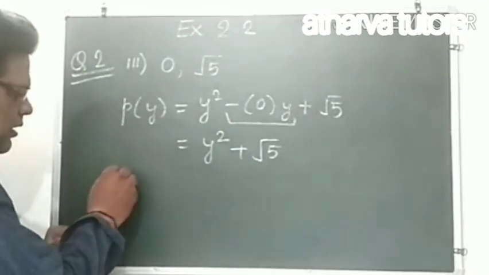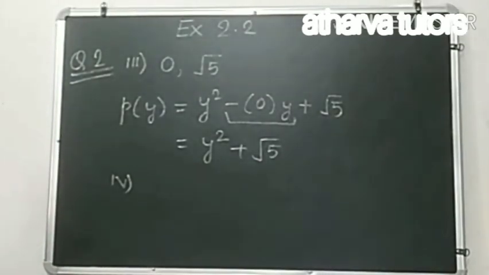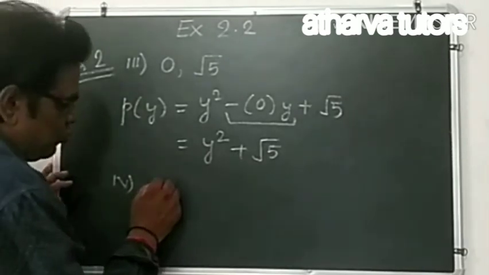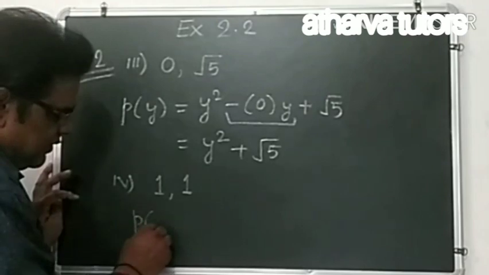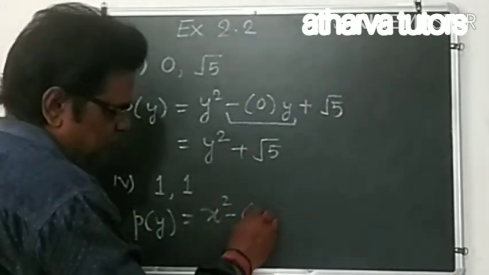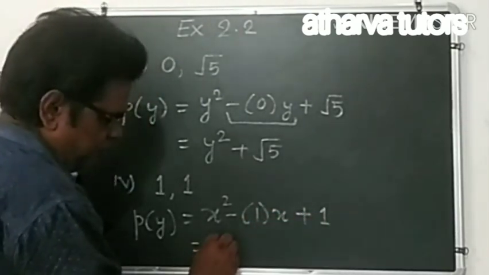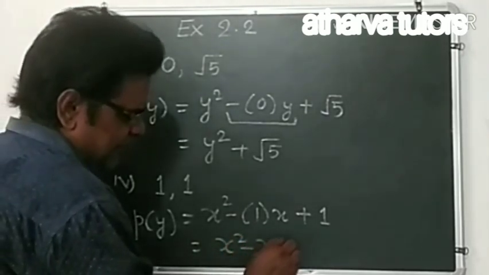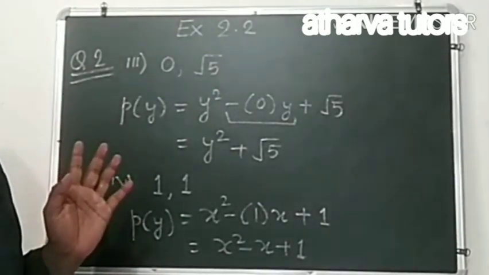Similarly, in the fourth question, the sum is 1 and the product is also 1. Very easily you can write px equals x square minus sum of zeros into x plus product of zeros. So this will become x square minus x plus 1. This way you can solve.